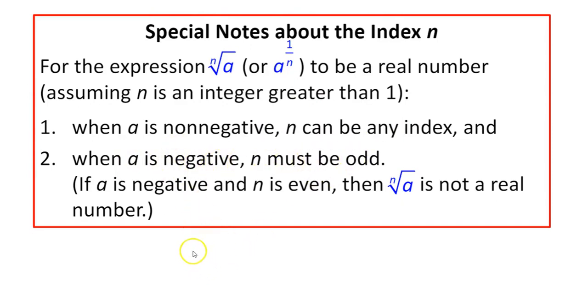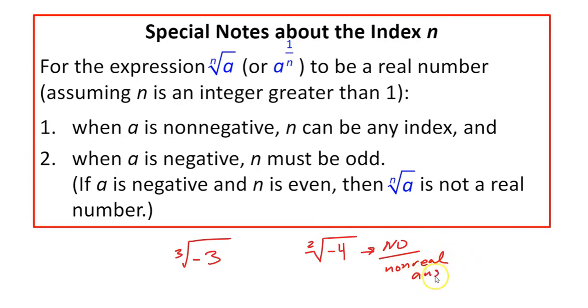This goes back to the old rules. Can you have something like this? Yes. But can you have something that looks like that? No, it's a non-real answer. And that's what it's saying.